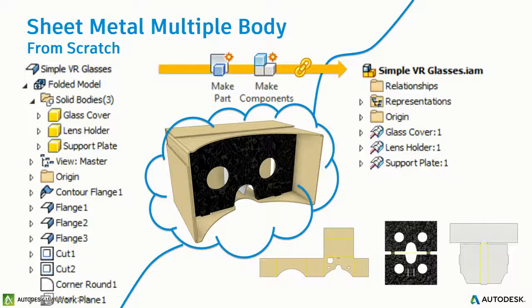With this design, the workflow is similar: you have multi-body in one part, and then you use make part. You can use make part to make each body a single part. Also, you can use make components to make selected solids into parts in your final assembly file. So that's the top-down design from scratch.